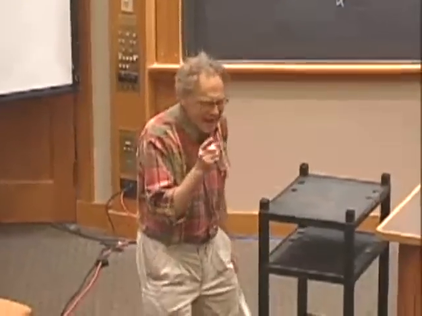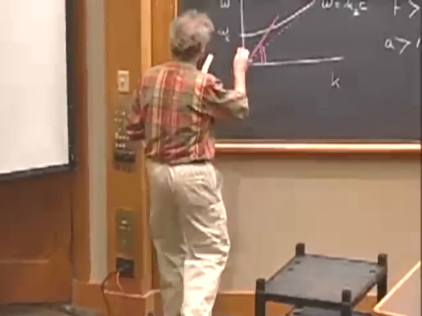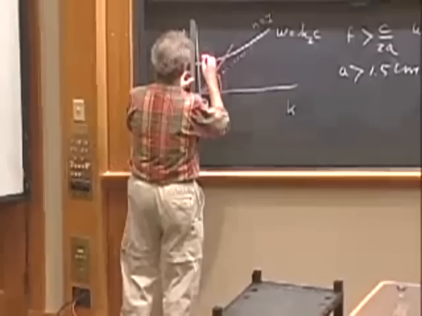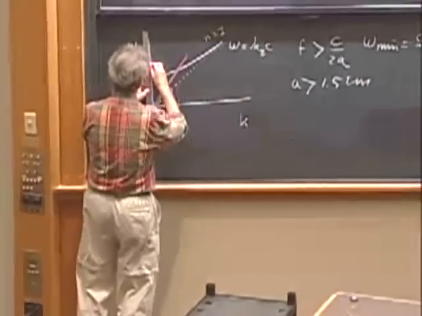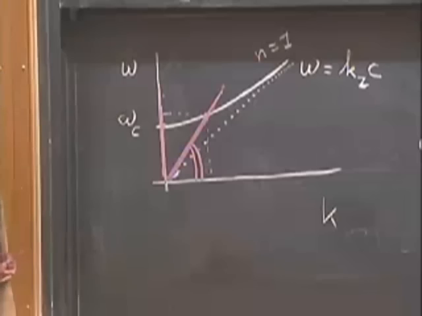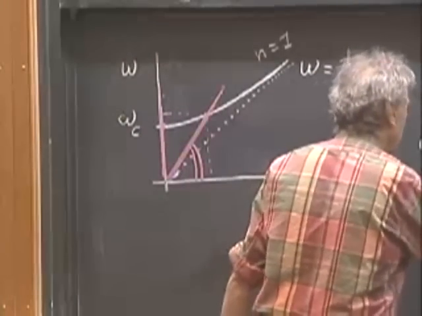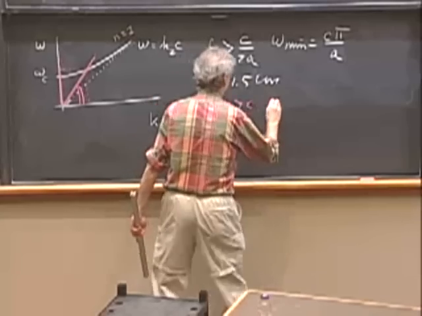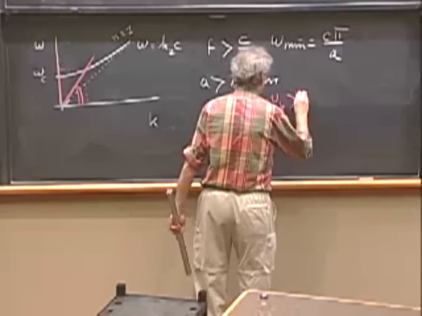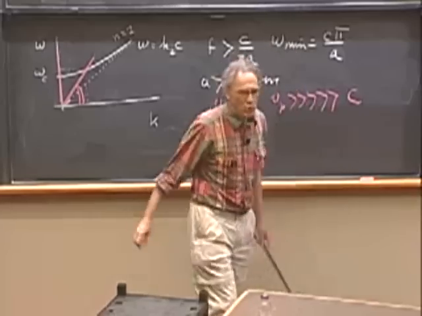Not only is it higher than the speed of light, the phase velocity, but by the time I reach this point here, the phase velocity goes to infinity. Because look at this slope, it's 90 degrees. So we now have a case that the phase velocity is larger than c. No, the phase velocity can be much, much, much, much, much larger than c, approaching infinity.